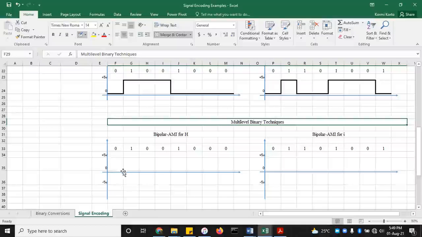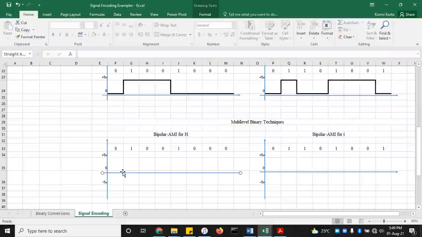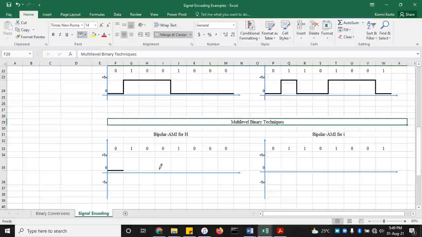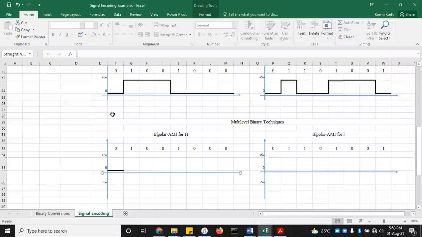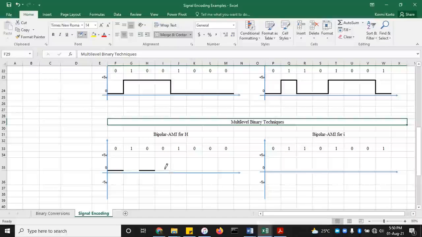So this is going to be level, level, level, level, level, and level, because the rule states that all these zeros must have level voltage pulses.